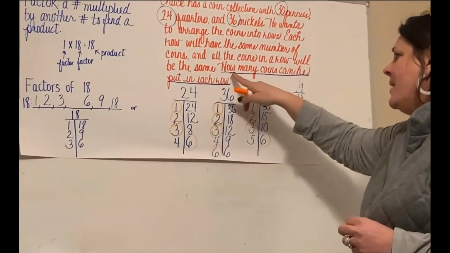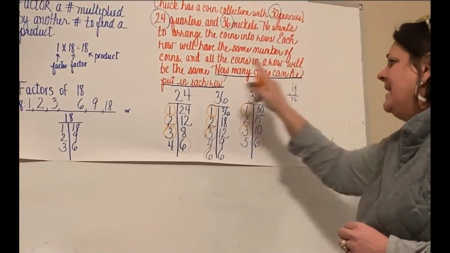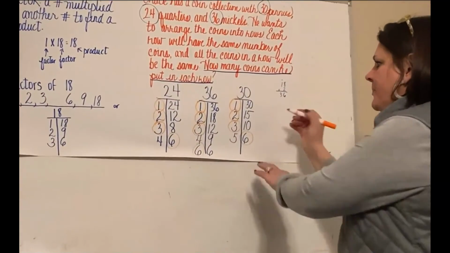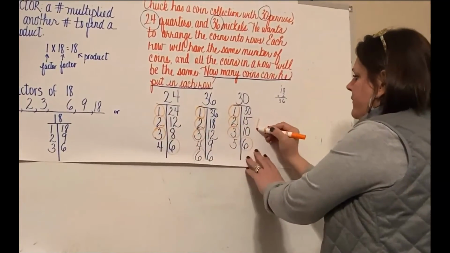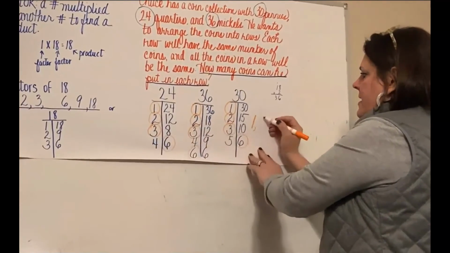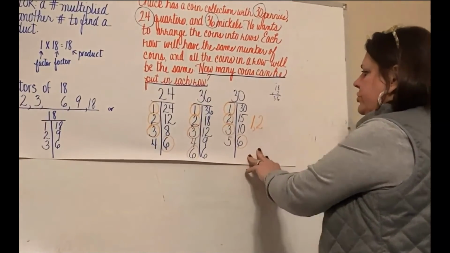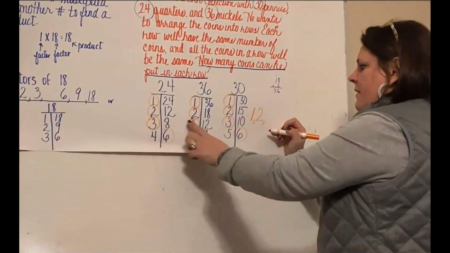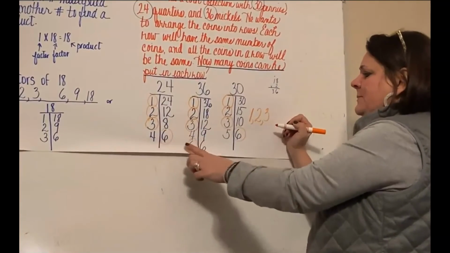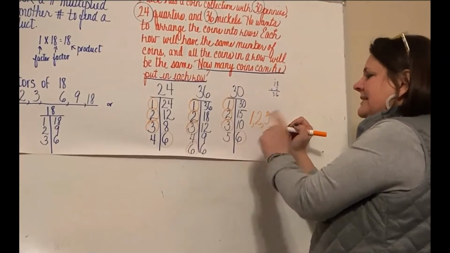We need to answer the question: how many coins can he put in each row? Now I need to list them. I need to record the first common factor, 1, comma, the next common factor, 2, comma, the next common factor, 3, and last but not least, 6.